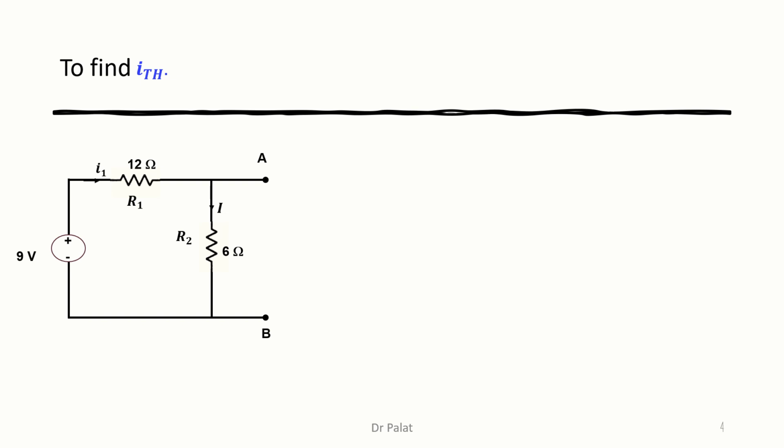To find the Thevenin's current, we keep the circuit open between A and B, and now we have to measure the voltage across the resistor R2. The voltage across R2 is the open circuit voltage across this, and this is the Thevenin voltage. To find this, we use Ohm's law.